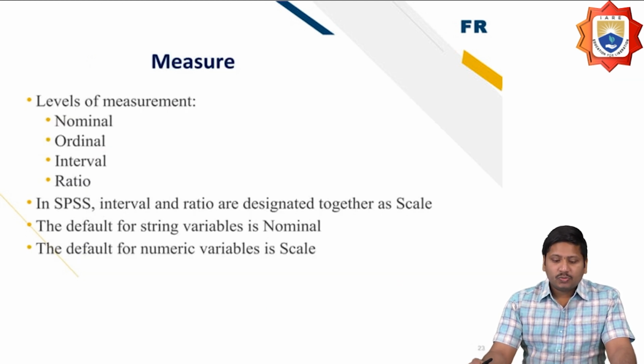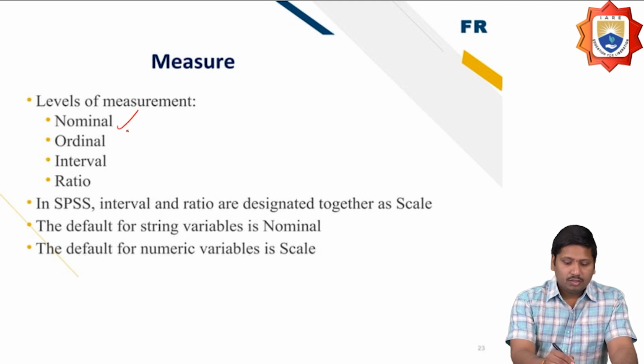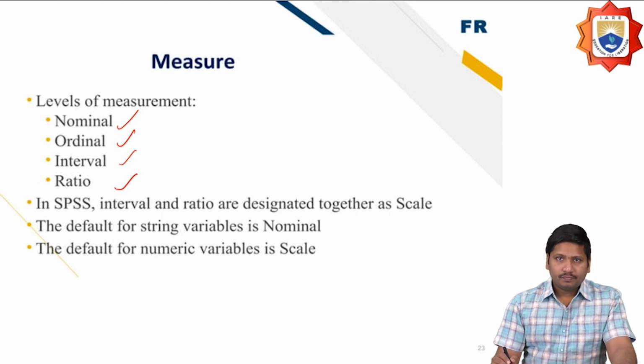So measures, next one. What kind of measures do we have to consider for this? We also consider level. There are different types of levels of measurement, like nominal, ordinal, interval, and ratio scale. In SPSS, interval and ratio are designated together as a scale, and the default for the string variable is nominal, and the default for numeric variables is scale.